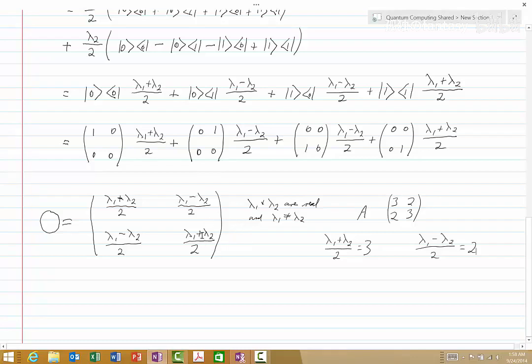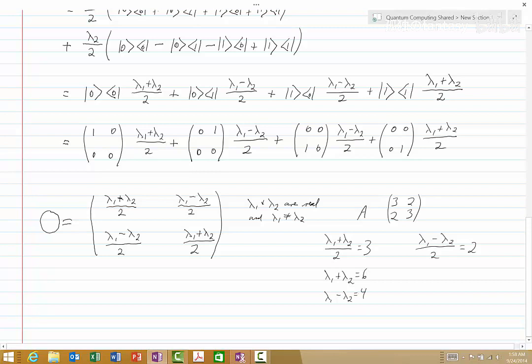And the equation we get for this element, (λ1 + λ2)/2 is 3, is the same as this. So we really only have to consider these two equations, which say λ1 + λ2 is 6, and λ1 − λ2 is 4.